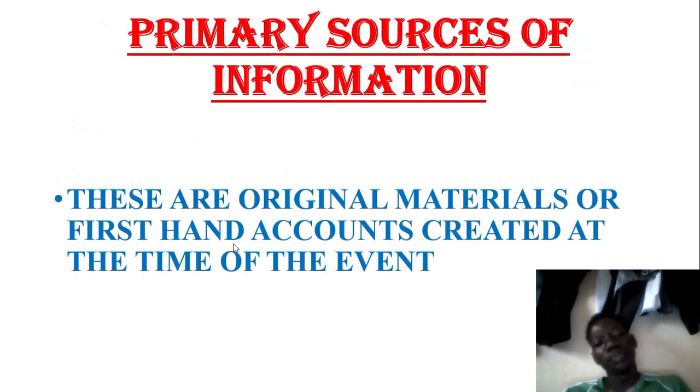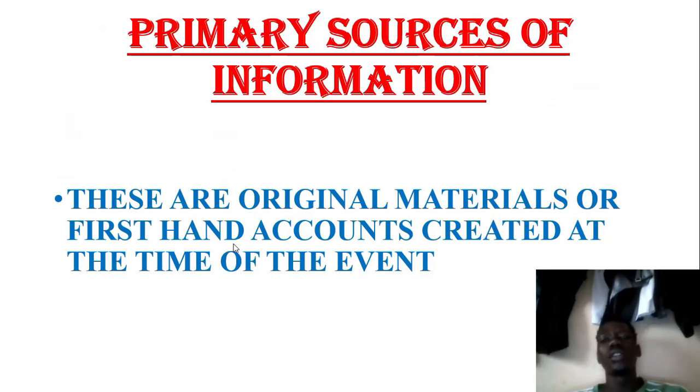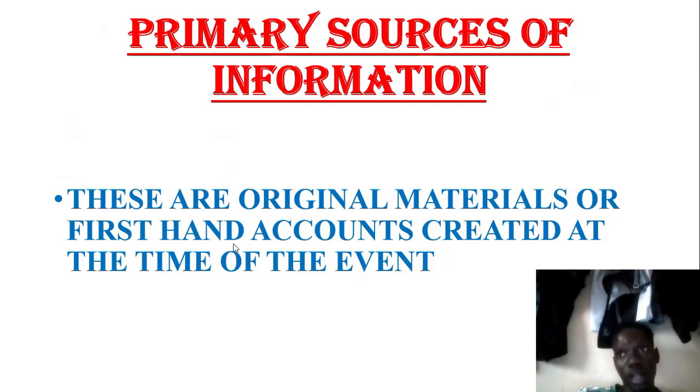And so I'll start by explaining the primary sources. These primary sources are the original materials, first-hand accounts created at the time of the event. These are real event facts, or maybe I would say the eyewitness source of information, or first-hand information. It is original, not altered, real.